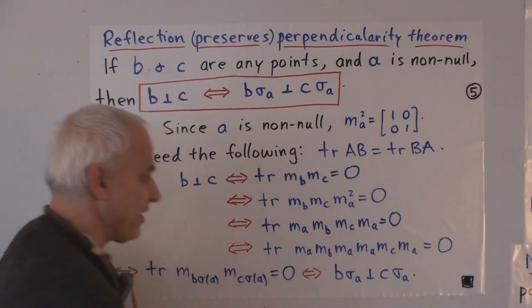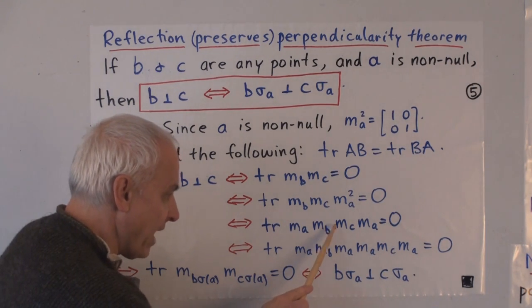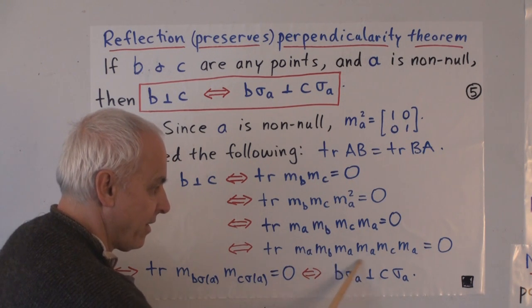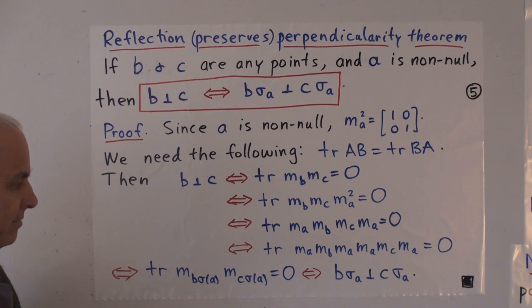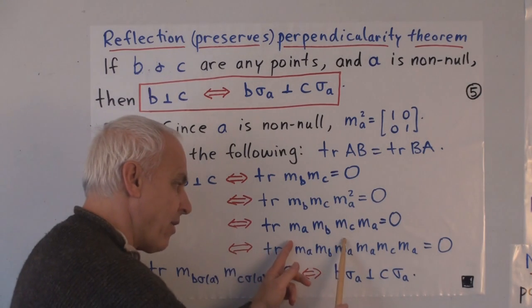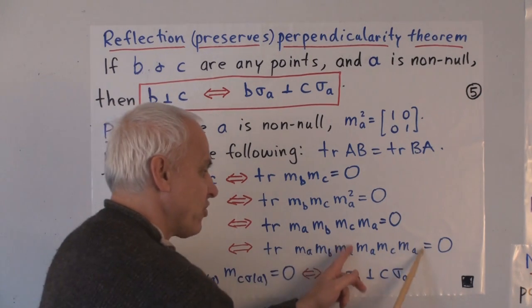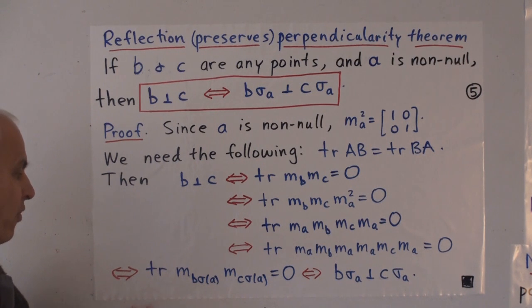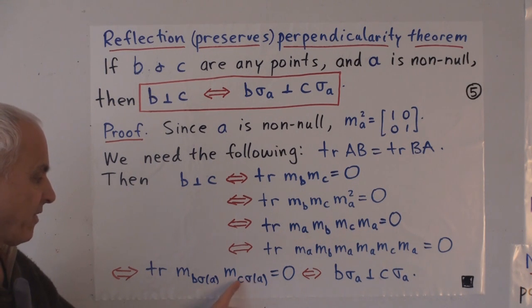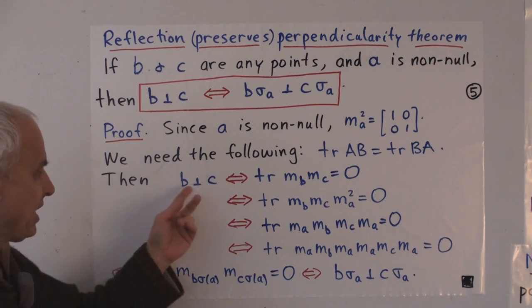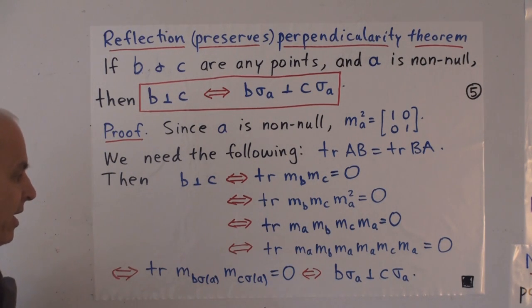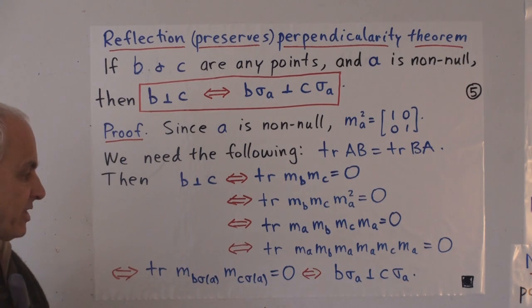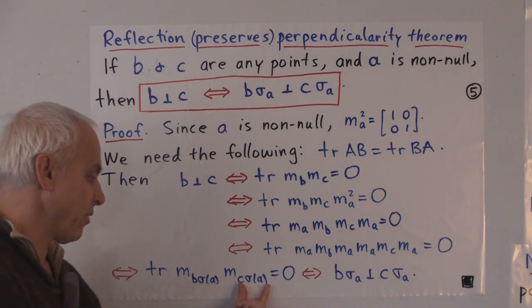And now we could manipulate this just a little bit more by introducing an M sub A and an M sub A, which is the identity, right in there, in between the M sub B and the M sub C. Once we've done that, we see that now this triple and this triple here are the M's for B sigma A, the reflection of B in A, and C sigma A, the reflection of C in A. So B is perpendicular to C precisely when the trace of this product is 0, and that happens precisely when this point is perpendicular to this point.